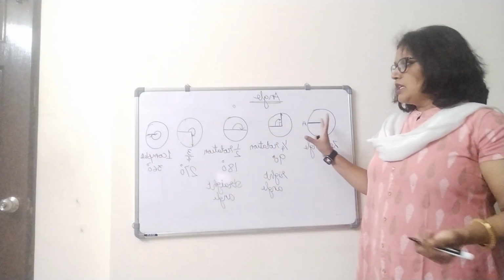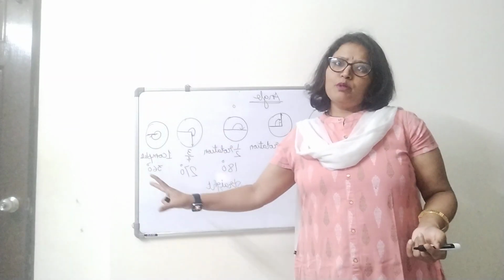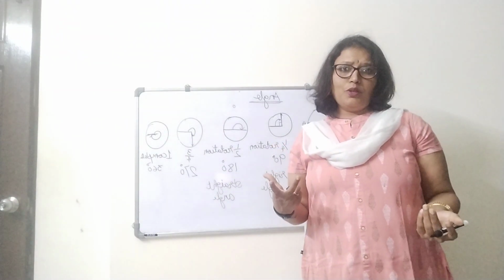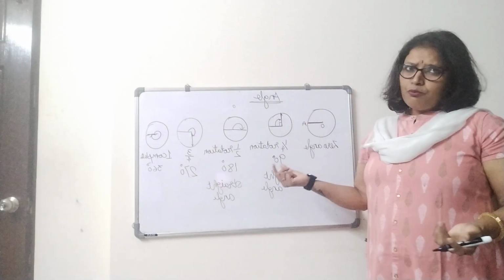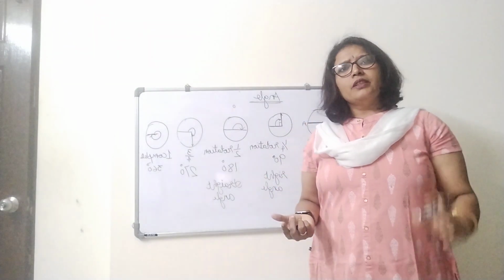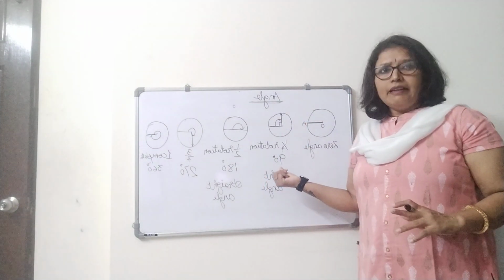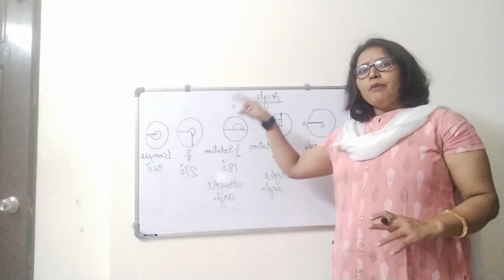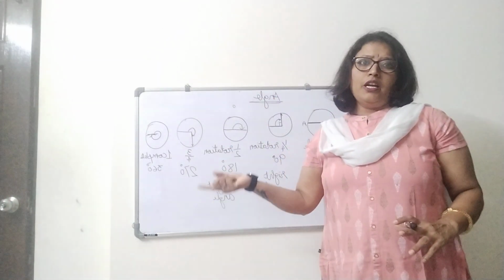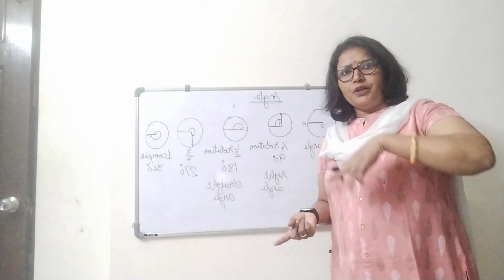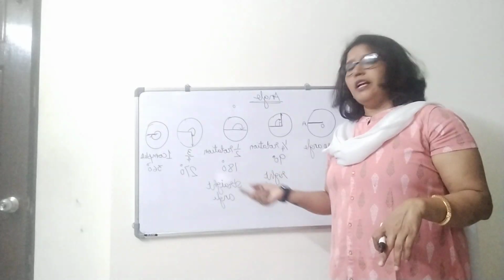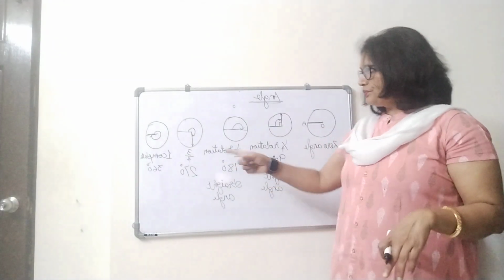So here we got different types of angle. Zero angle is the starting position of the rotation. When it rotates 1/4, we get the 90 degree angle, which is called a right angle. When the angle makes a half rotation, we get a 180 degree angle, which is called a straight angle.